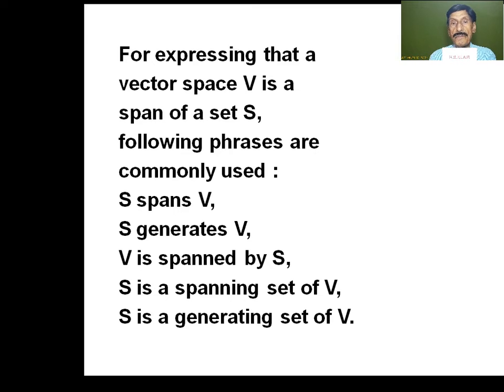For expressing that a vector space V is a span of a set S, the following phrases are commonly used: S spans V, S generates V, V is spanned by S, S is a spanning set of V, S is a generating set of V.